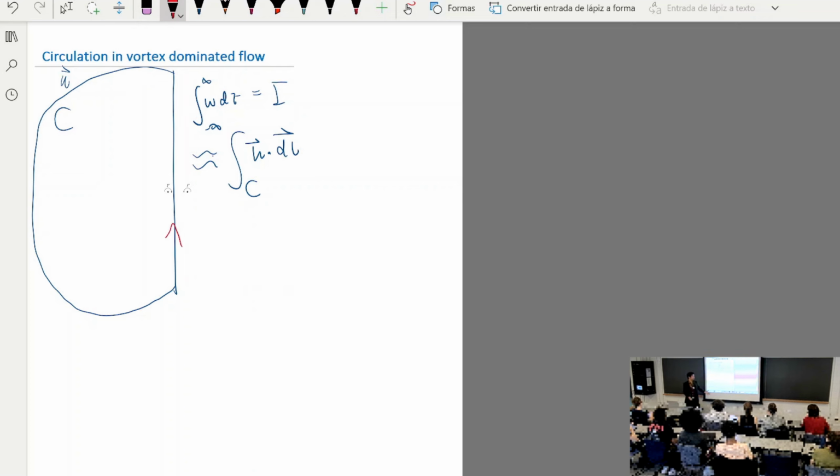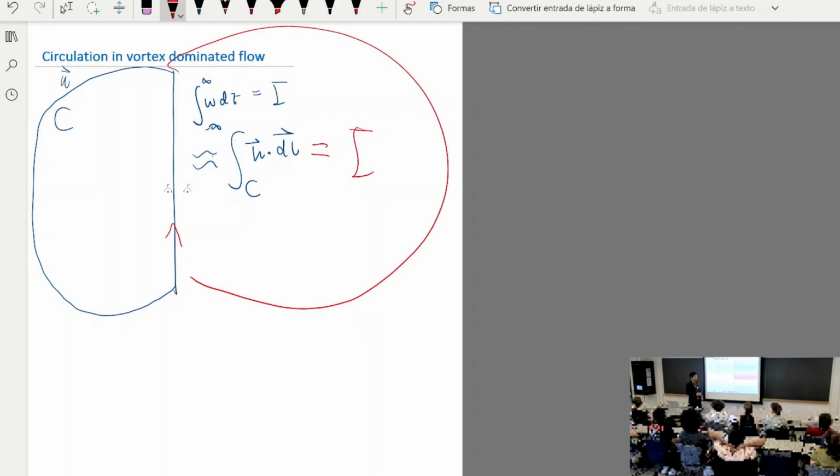So just as simple as that, we have actually proved what we spent a lot of time doing calculus with, right? This is equal to gamma just by the fact that this curve includes this single vortex but not the other. Equivalently, you can do it this way, you get the same result.